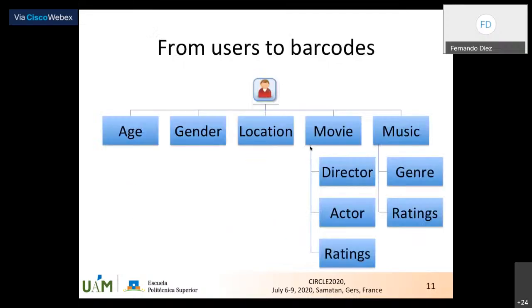In our dataset, the user profiles are characterized by different attributes such as gender, age, or music tastes. The user has favorite directors, actors, actresses, genres, and also ratings of the items that the user consumes.